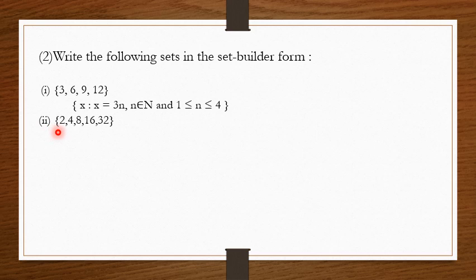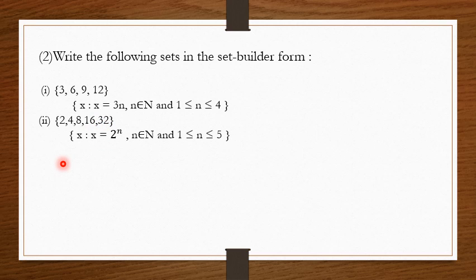Because 3 into 1, 3 into 2, 3 into 3, 3 into 4. Second, the set consisting of the numbers 2, 4, 8, 16, 32. What is the common feature of these numbers? 2 raised to 1, 2 square, 2 cube, 2 raised to 4, 2 raised to 5.